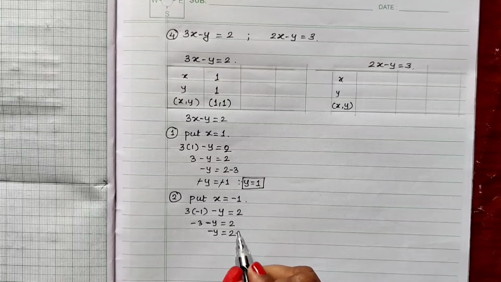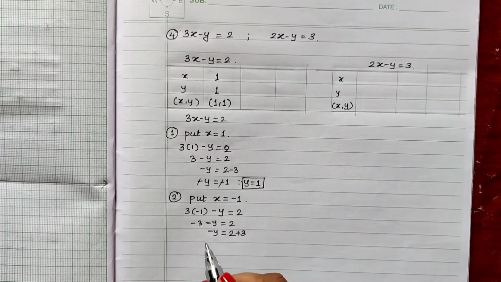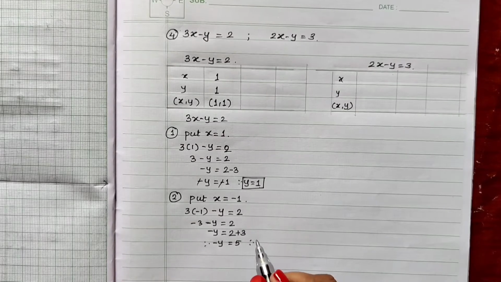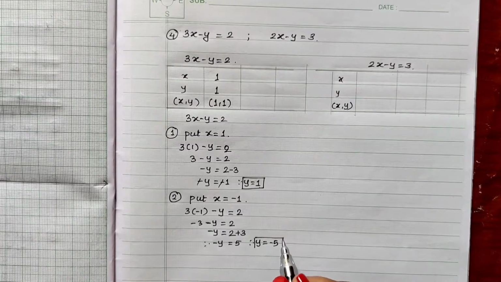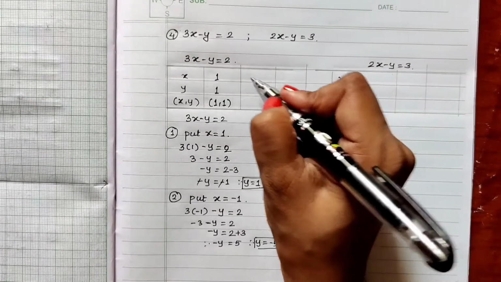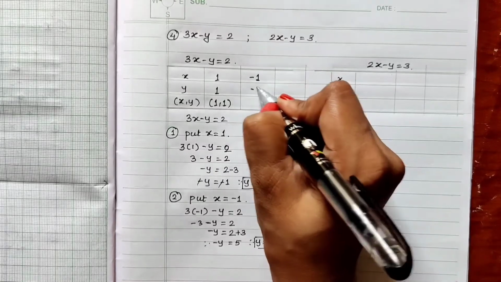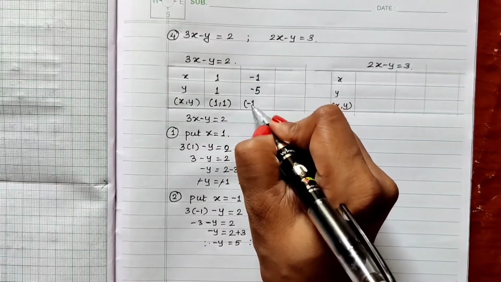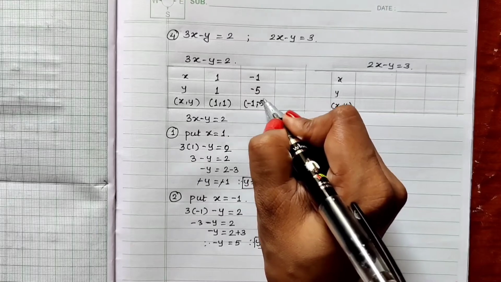Minus 3 bring on this side, it becomes plus 3. And therefore minus y is equal to 2 plus 3, which is 5. And therefore y is equal to, this minus sign bring on this side, it becomes minus 5. So when x is equal to minus 1, y is equal to minus 5. Minus 1, minus 5.